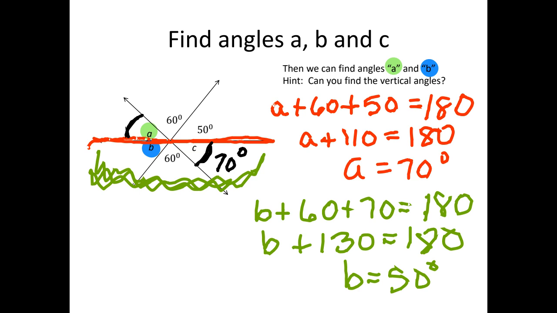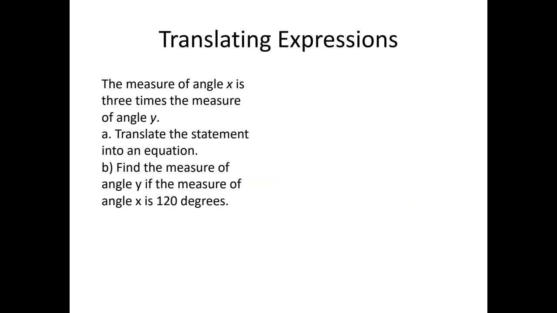Now, these are my story problems. They are using angles. Now, this is a perfect example of a story problem that uses angles.